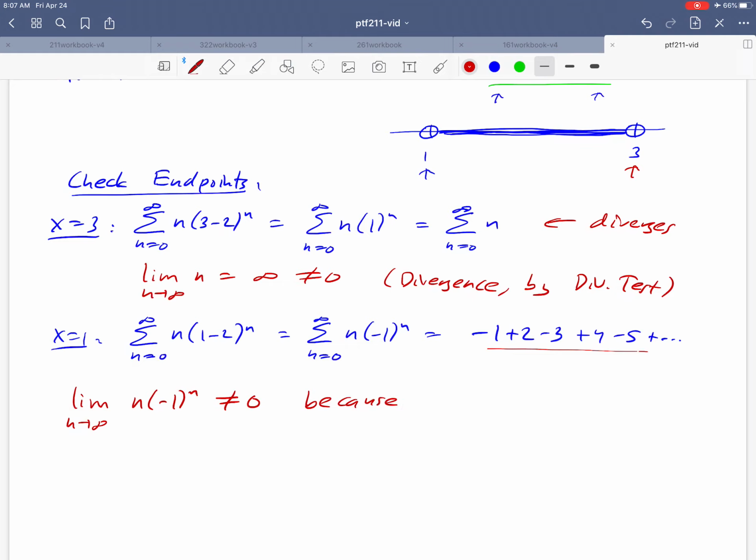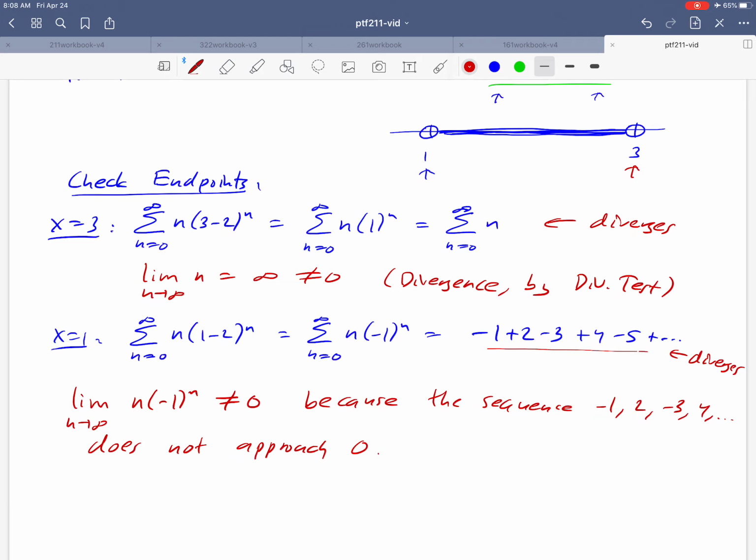So this limit is not equal to 0 because the sequence negative 1, 2, negative 3, 4, and so on, does not approach 0. In fact, it doesn't approach anything because the signs are alternating and the magnitudes are going off to infinity. And so that confirms that this is divergent up here.